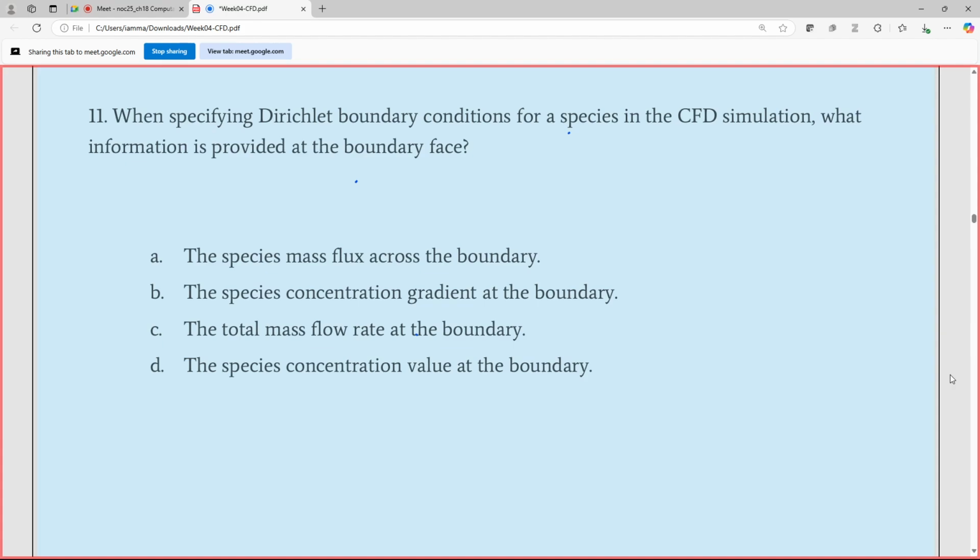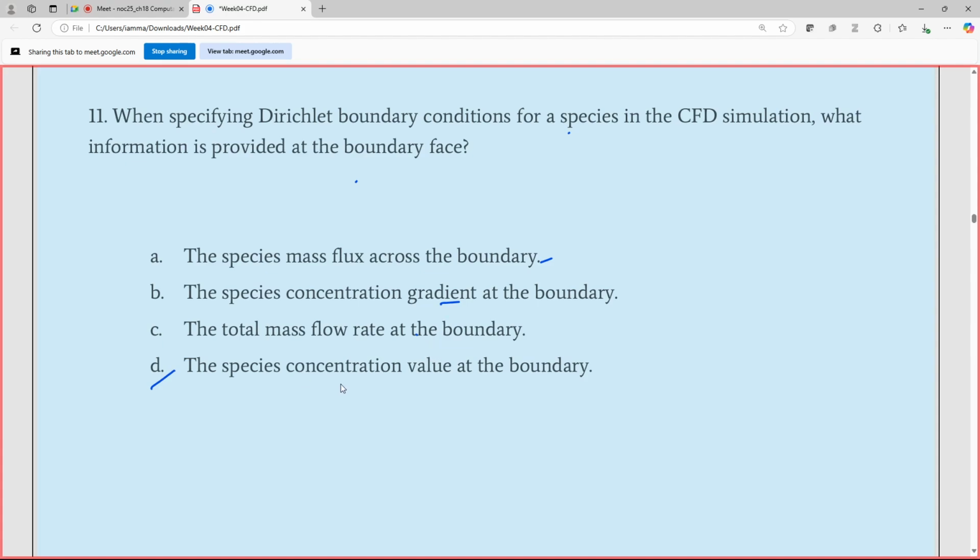A similar question was also discussed before. Our answer is option D. If you see, all other options talk about some gradient or change. This is a mass flux change value. Concentration gradient is not a Dirichlet boundary condition.